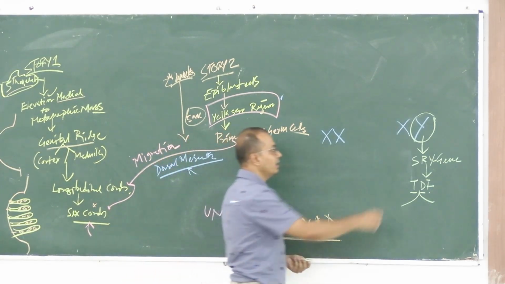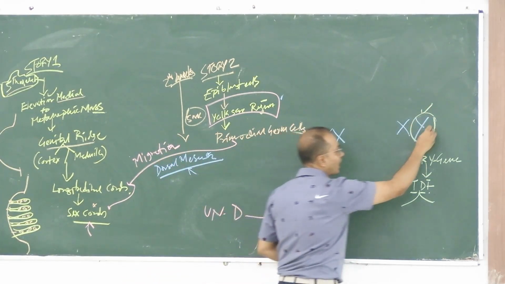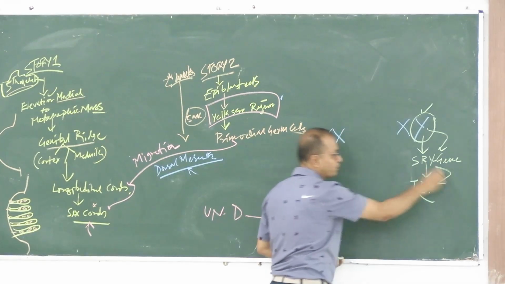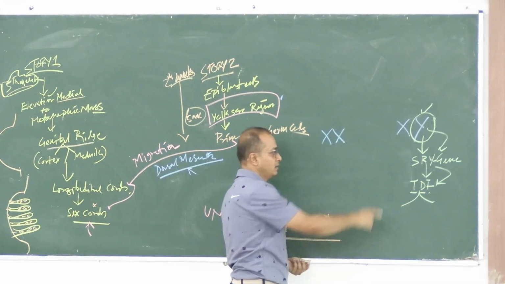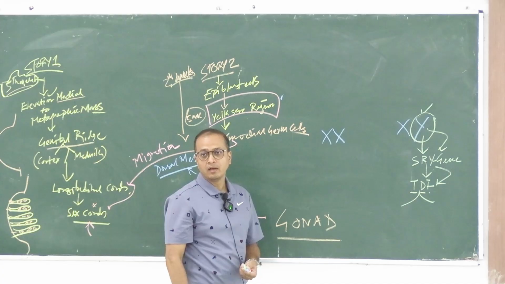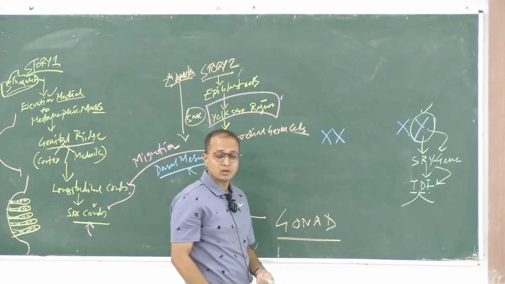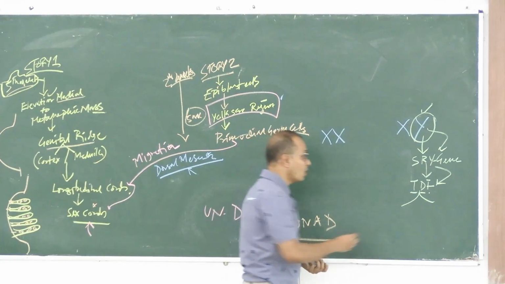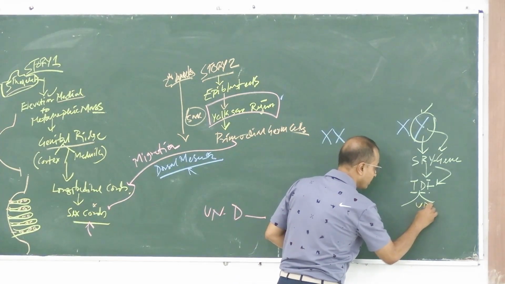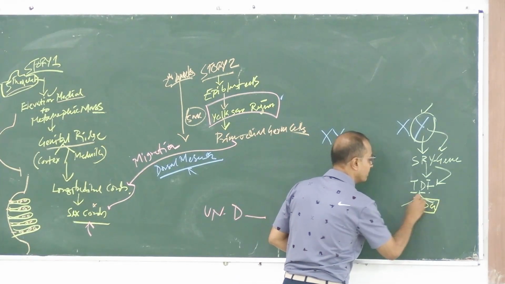So, if you have a Y chromosome, we have this gene and this protein substance, the TDF, is liberated and is going to act on the undifferentiated gonad.